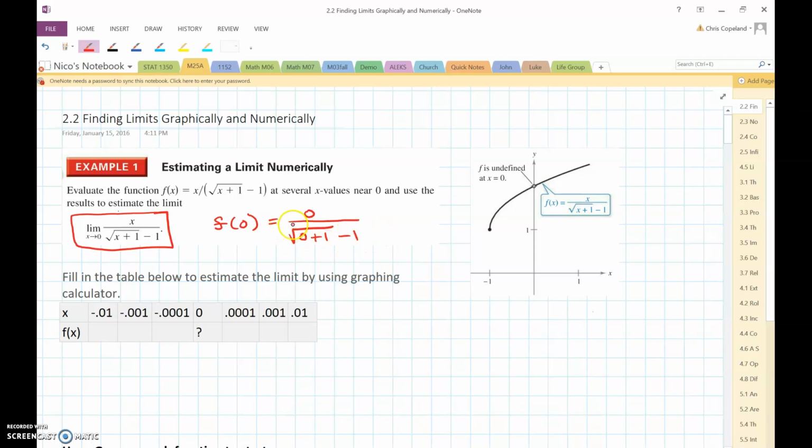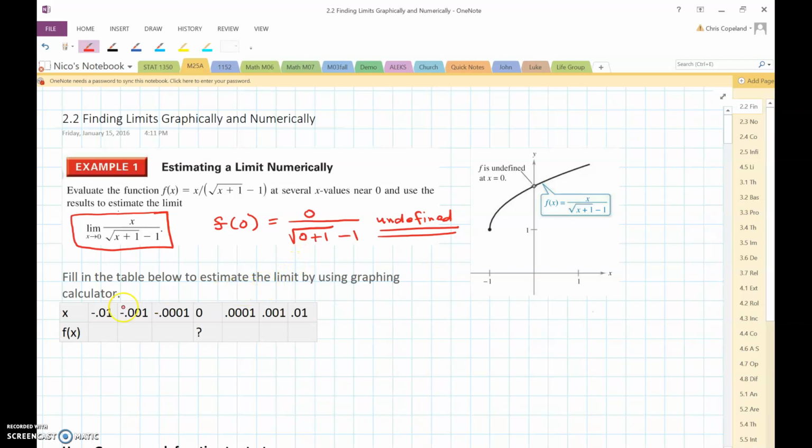If we plugged 0 into this function, the answer would be undefined. But we can use this idea of limits to see what this function approaches instead.